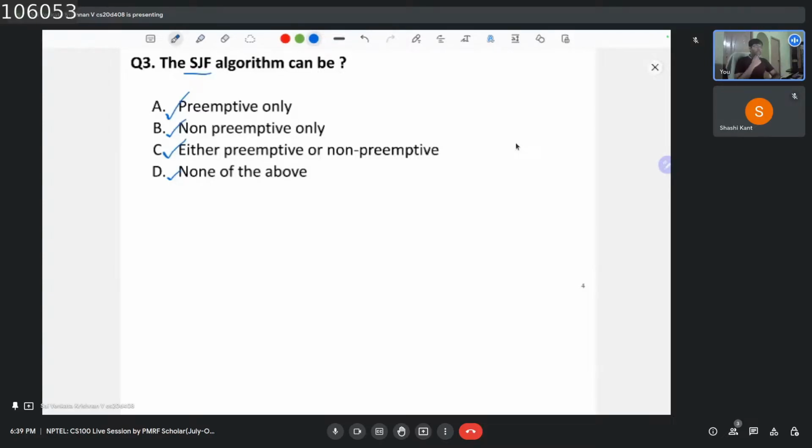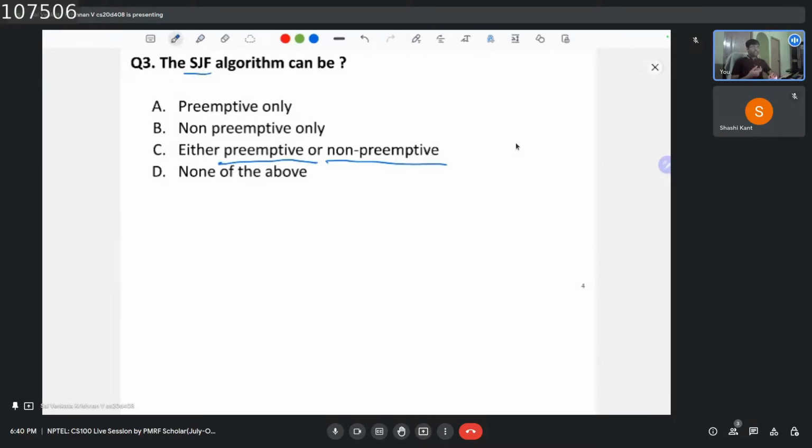As we discussed previously in questions 1 and 2, the shortest job first scheduling algorithm can be both preemptive as well as non-preemptive, because it can be designed in either way.